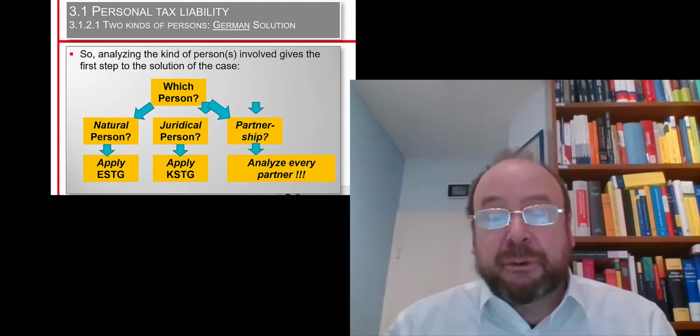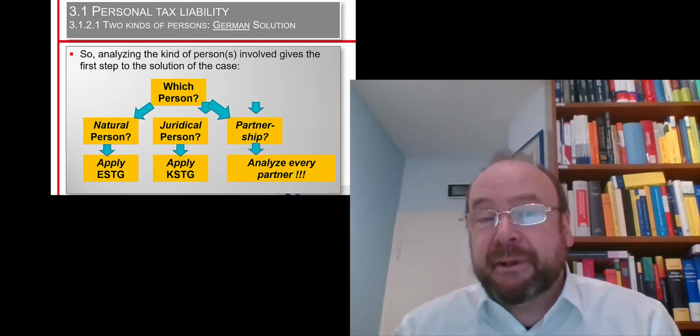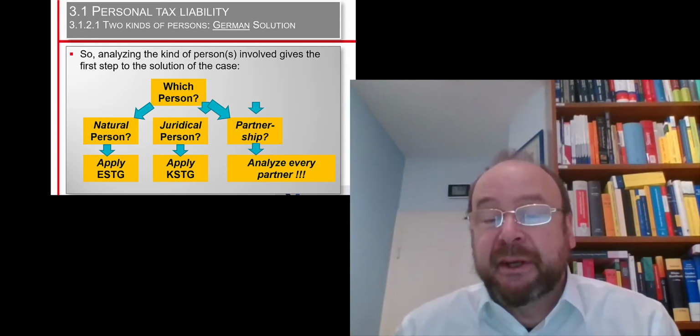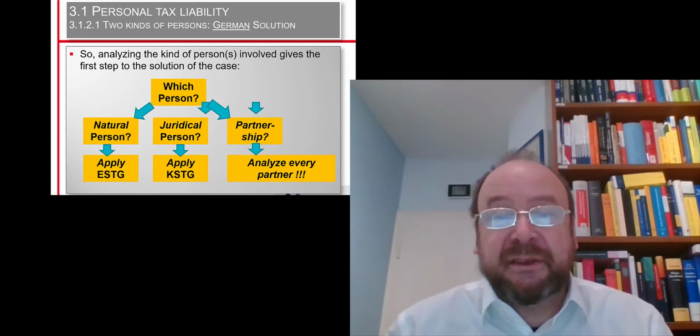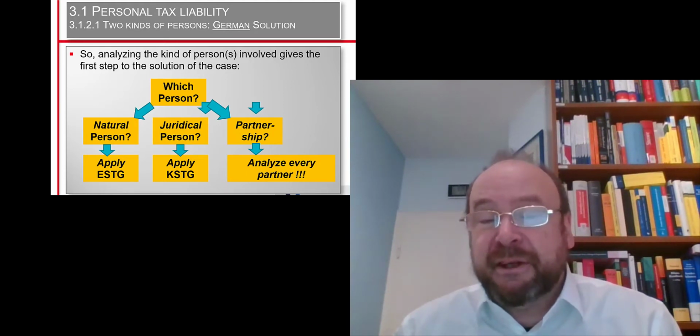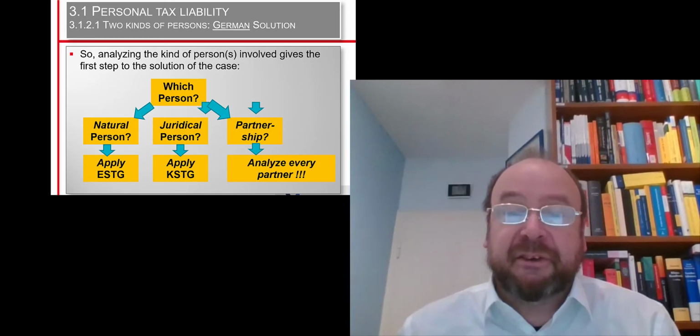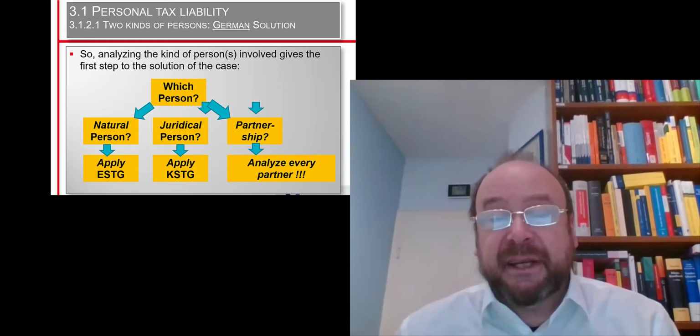Good. So we can sum up. The first step in testing scheme number one is which person owns the income. You have to find out if it's a natural person, a juridical person, or is it a partnership, and that dictates the next steps which you have to take.